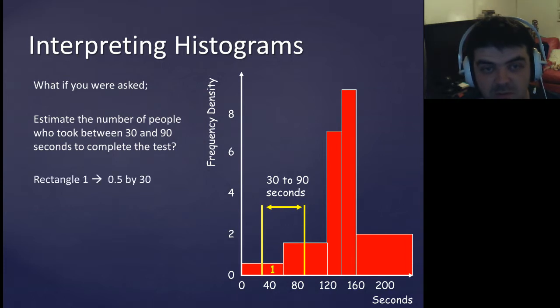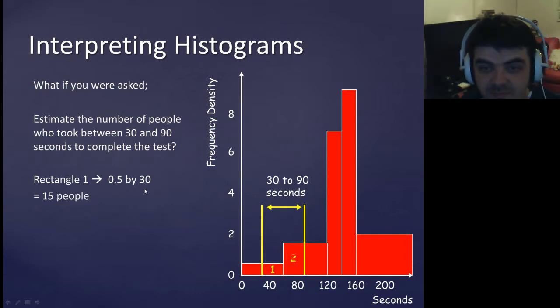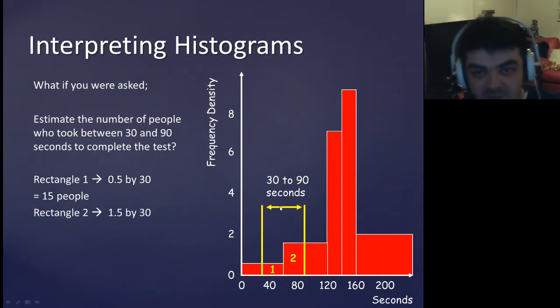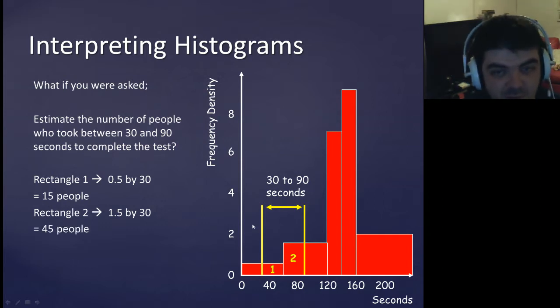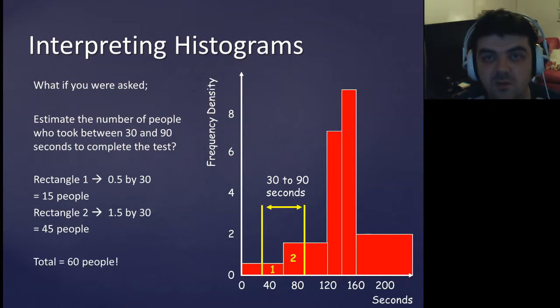Part 1 is a rectangle, measuring 30 to 60, so the width is 30 by 0.5, and that will give you 15 people. Part 2 is the space from 60 to 90, so again it's 30 by the frequency density, which is 1.5, which is going to be 45. So estimating the number of people who took between 30 and 90 is going to be the 15 plus the 45, which is going to be 60 people.